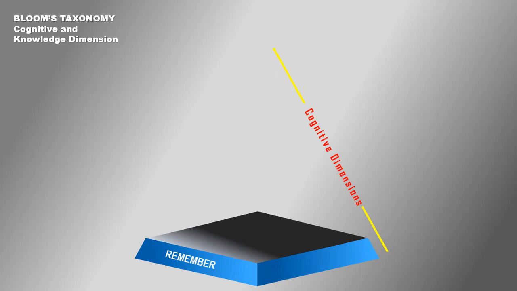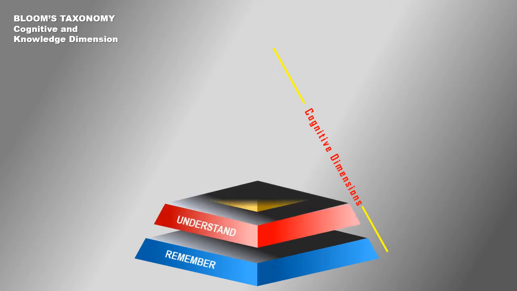Before we proceed, let us review Bloom's Taxonomy. You all know that Bloom's Taxonomy has 2 major dimensions, the cognitive and knowledge dimensions. Let's start reviewing the cognitive dimensions. The cognitive dimensions start from remember, followed by understand.